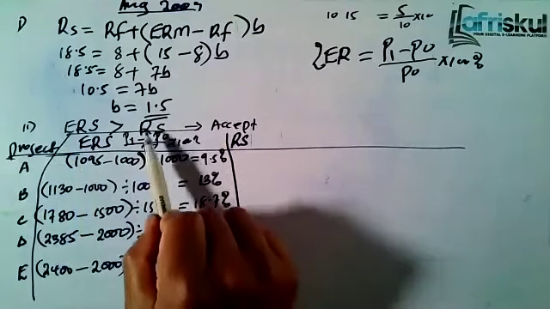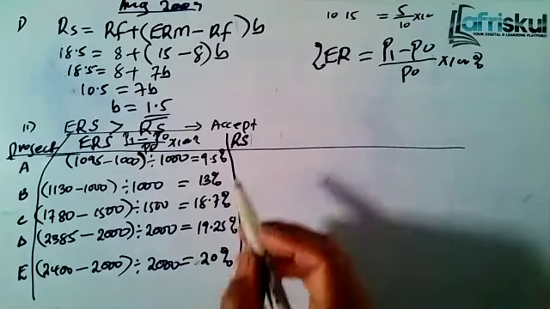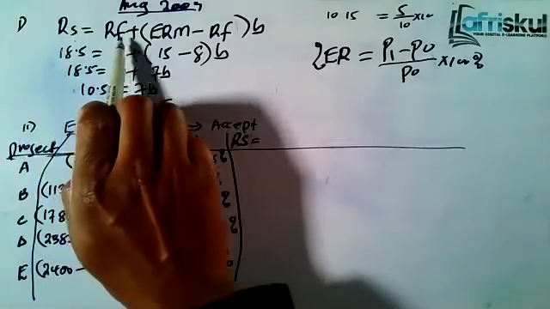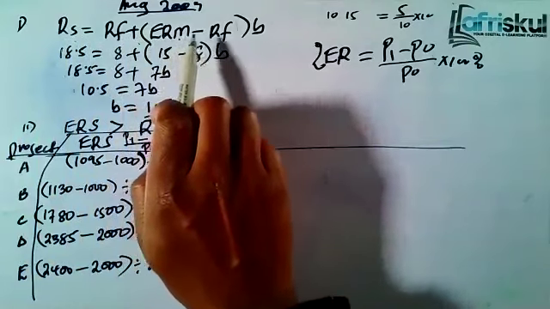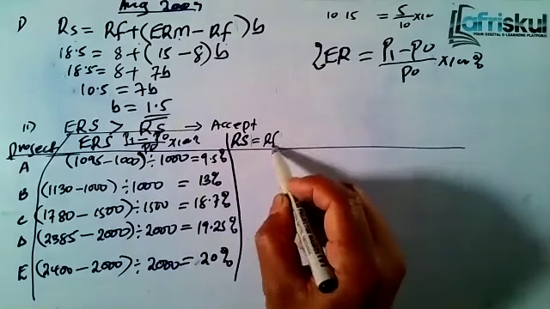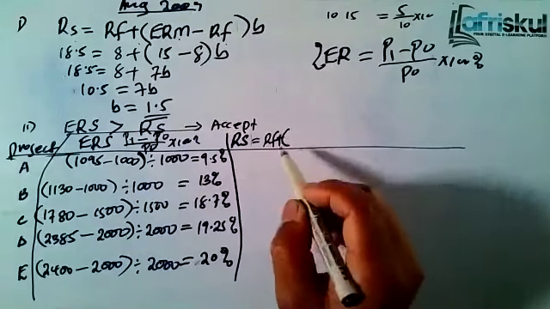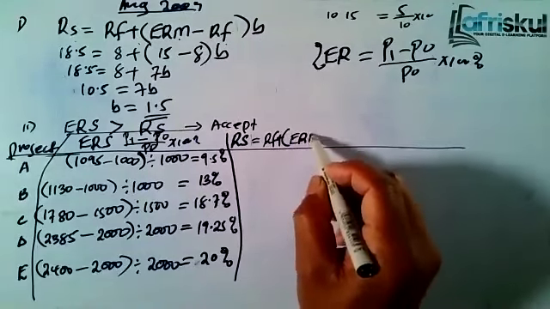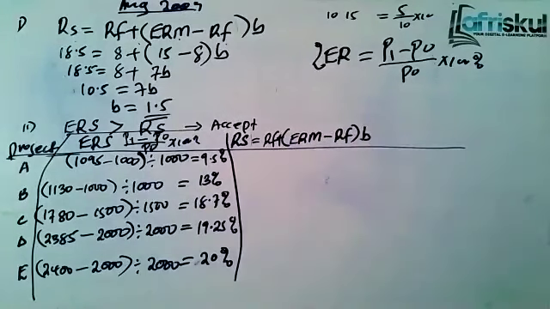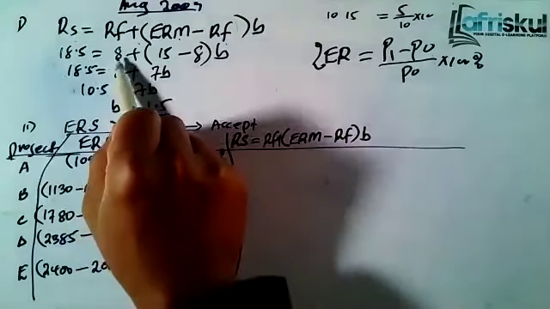Now we compare against the return of the security. How do we get the return of the security? Here is the formula. Return of the security is the risk-free rate plus expected return on the market minus the risk-free rate, multiplied by the beta. The risk-free rate does not change, it was 8%.